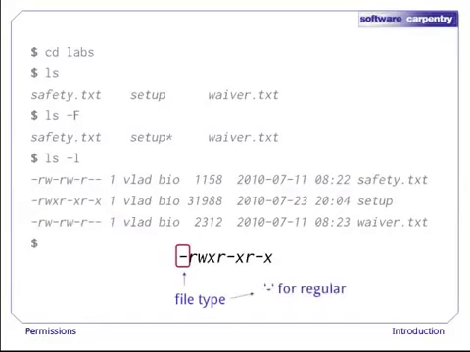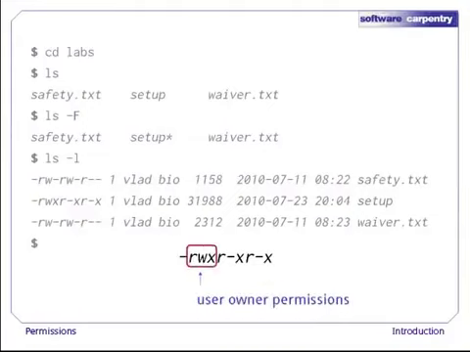A dash means it's a regular file, while a d means it's a directory. The next three characters tell us what permissions the file's owner has. Here, the owner can read, write, and execute the file. The middle triplet shows us the group's permissions. If the permission is turned off, we see a dash, so r-x means read and execute, but not write.